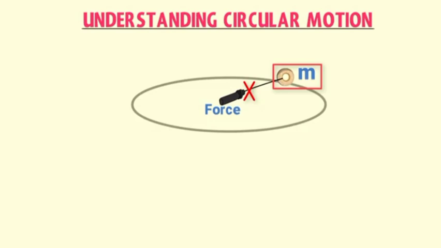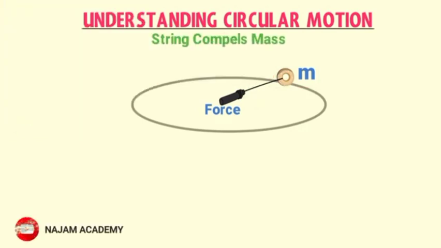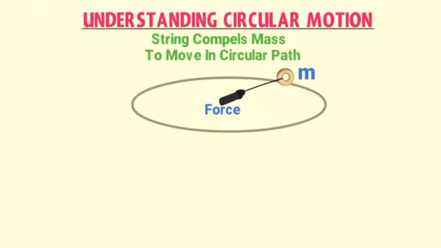Well, the mass m will move in a straight path if the string is cut. Thus we can say that it is the string which compels this mass m to move in a circular path. Thus this string exerts force F on this mass towards the center, and mass m moves in a circular track.